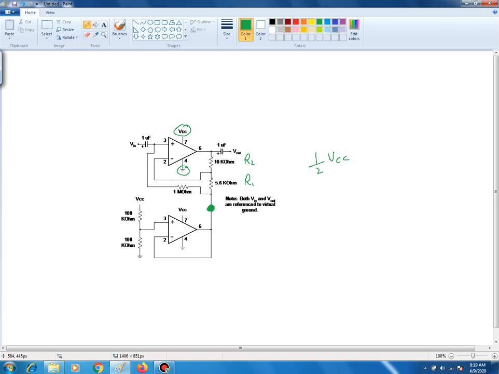That point right there is supposed to be connected to ground if we were using a bipolar power supply. But because we're using a single supply, that point needs to have 1/2 of VCC on it. And how we do that is by this circuit right here. This is our virtual ground circuit.